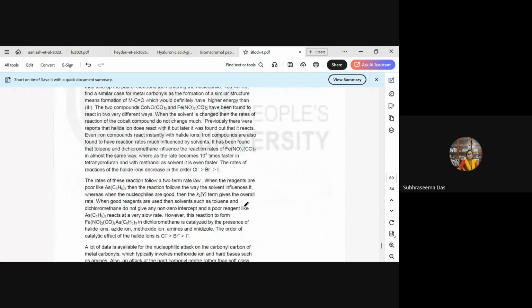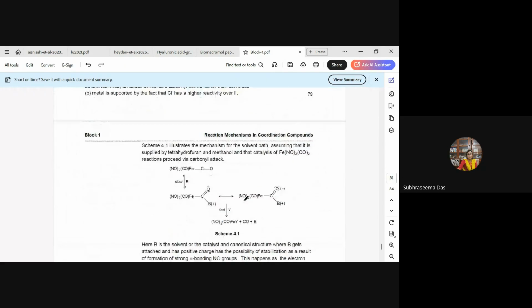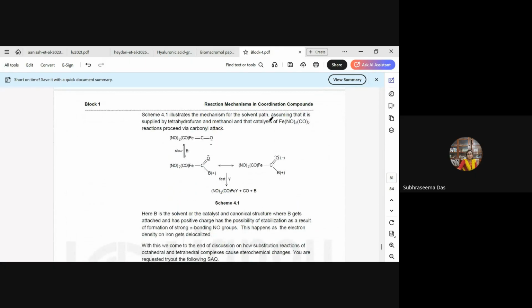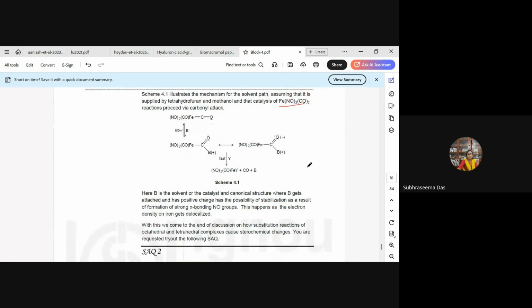Here all the rate laws have been used, and in scheme 4.1 you can see the mechanism for the solvent path for the catalysis of Fe(NO)2(CO)2, that is the mixed nitrosyl carbonyl, and how the solvent path proceeds by a carbonyl attack.